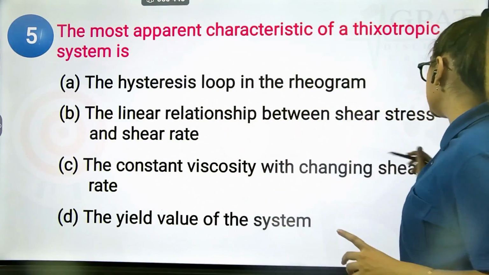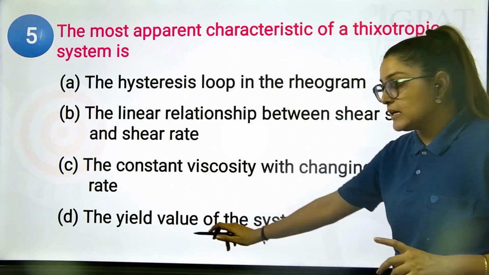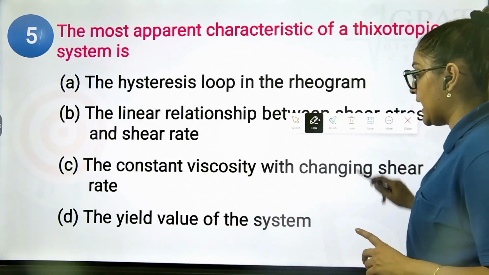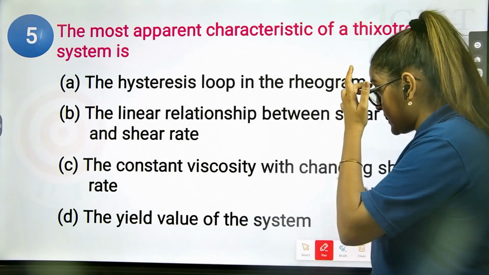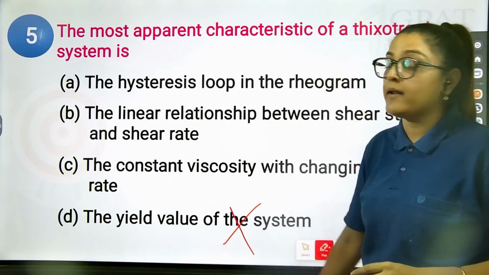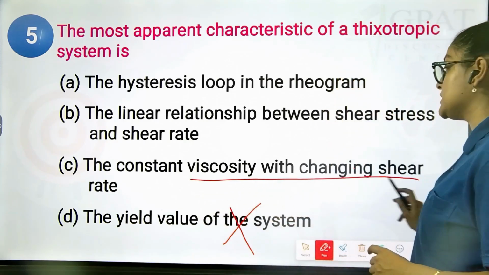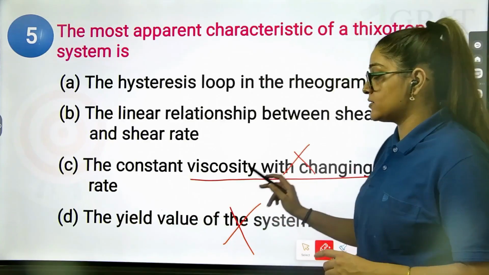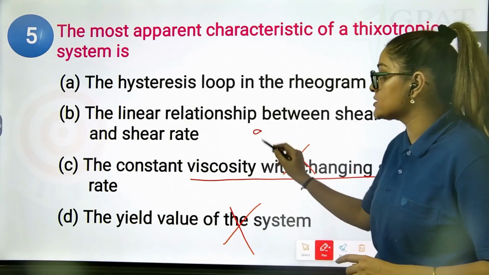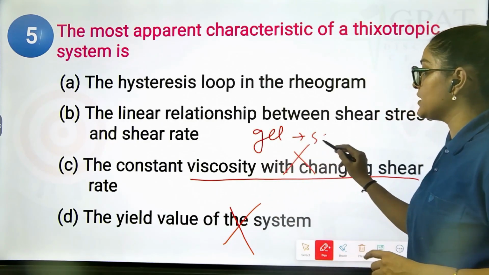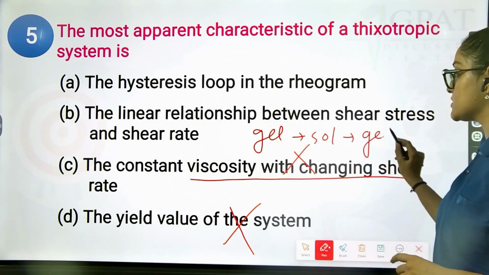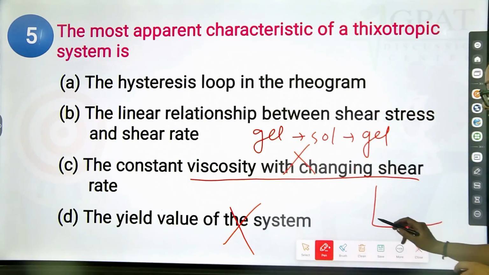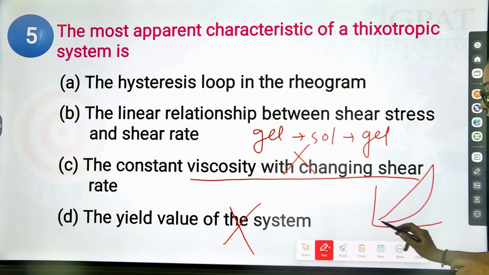So here it is quite evident that the yield value of the system, no, it is in the time independent system, the plastic system, where the yield value is required. The constant viscosity changing with the shear rate? No, it is not possible because gel, then sol, then gel, at every step we see a change in the viscosity. In fact, if you plot the rheogram, it should look somewhat like this.